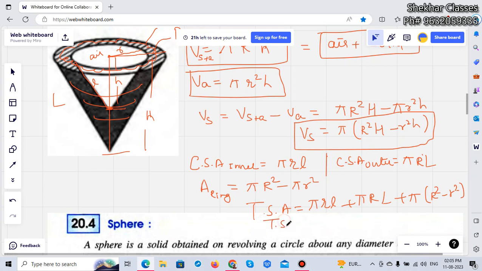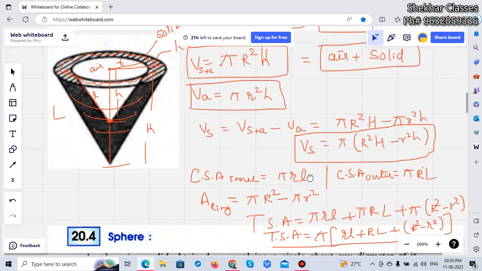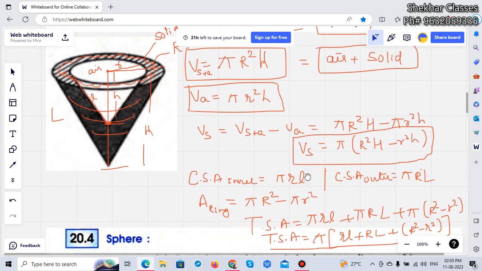Total surface area will be pi, and whatever is left, R L plus r l and plus R square minus r square. Okay, so this is the total surface area. I have reduced all of these, and always reduce all those formulas before you substitute the values. It will minimize your calculation time.